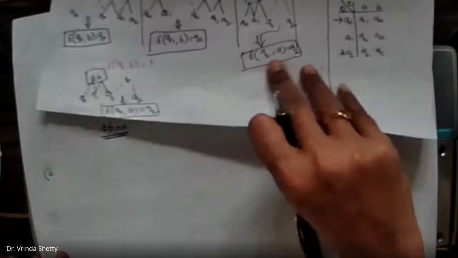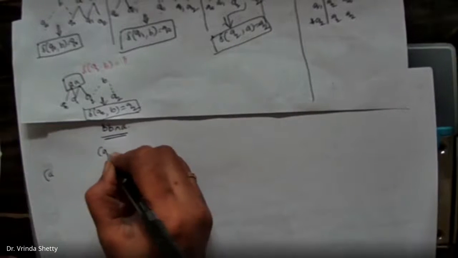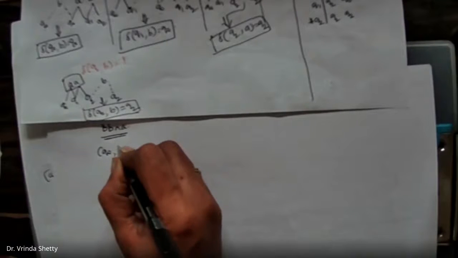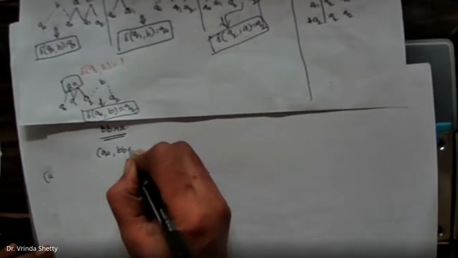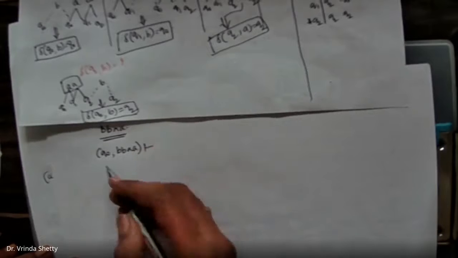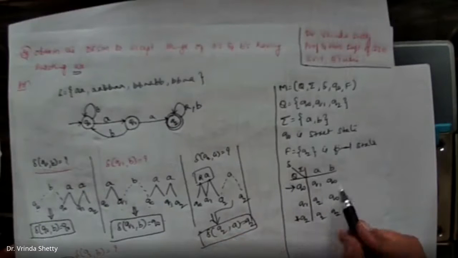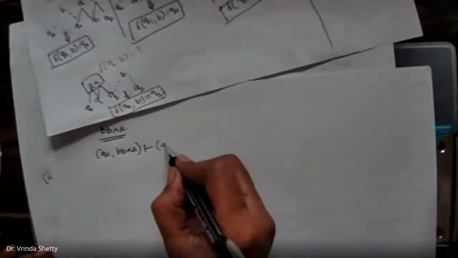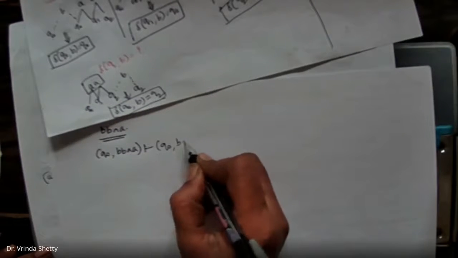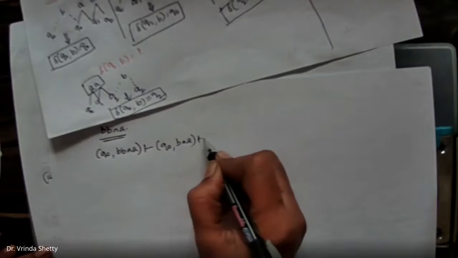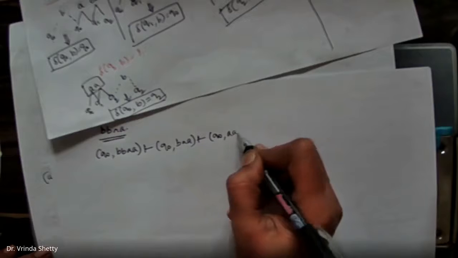Start with the initial configuration, Q0, comma, BBAA. Q0 on B goes to Q0 itself, so we have BAA. Next move, Q0 on B, as we have seen just now, is Q0 only, AA.